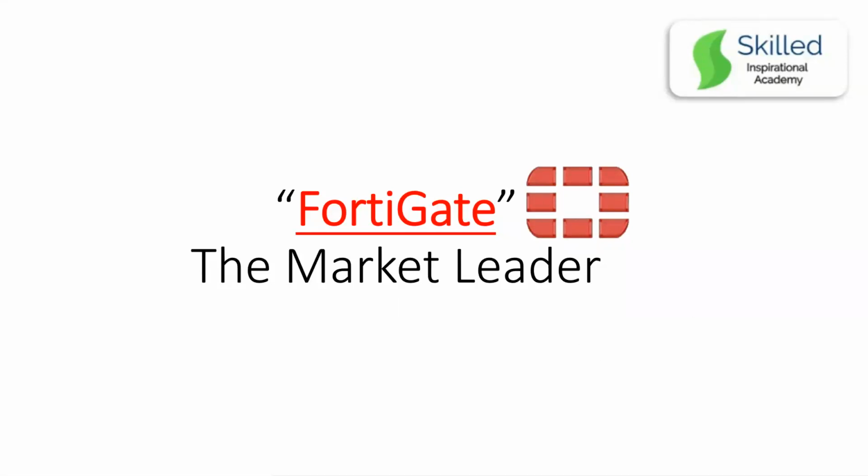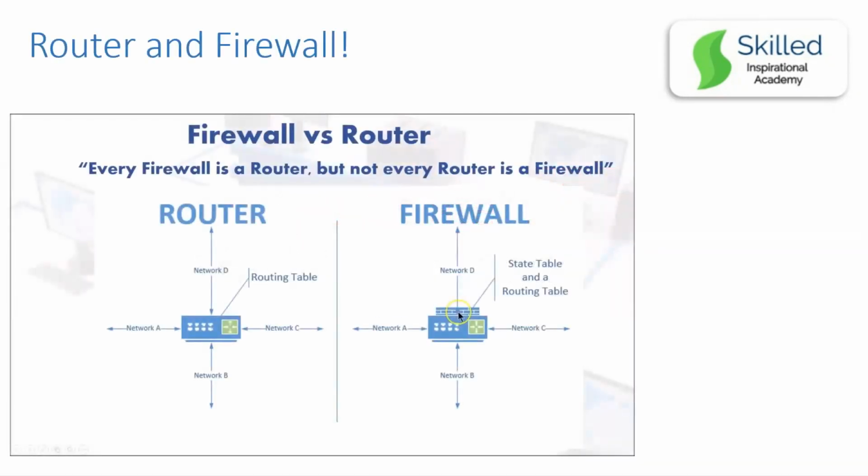Okay, now moving ahead. The first thing that we always look for whenever we are talking about a firewall, right? There are a lot of concepts, and a firewall can do this and that and everything, but let's just start from the basics. Let's just start with the letter A. Firewall versus router.